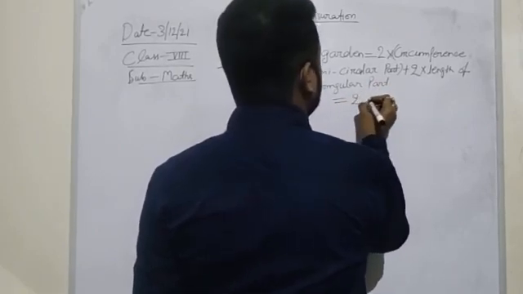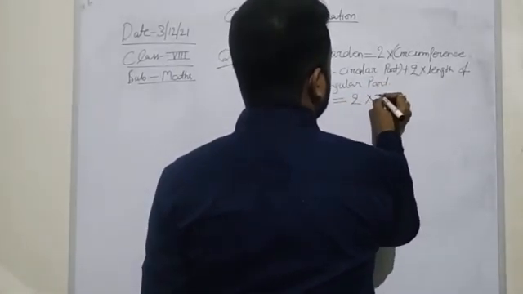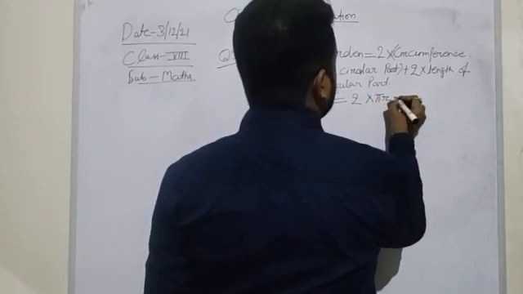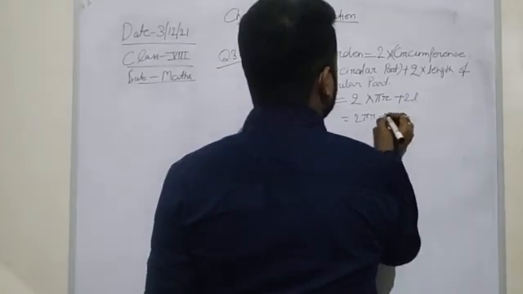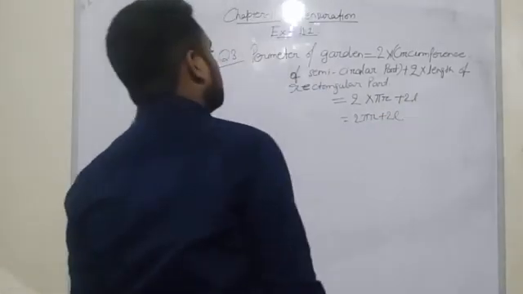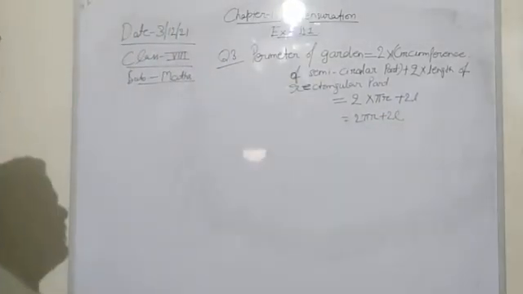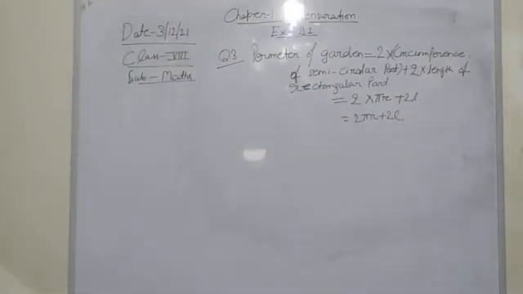So 2 into circumference means 2 pi r, plus 2 into L. So 2 pi r plus 2L. Note it down, the formula for perimeter of that garden.